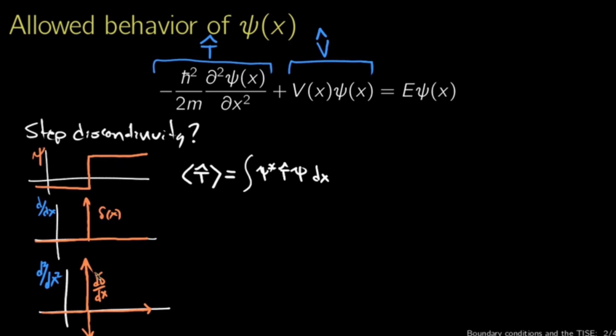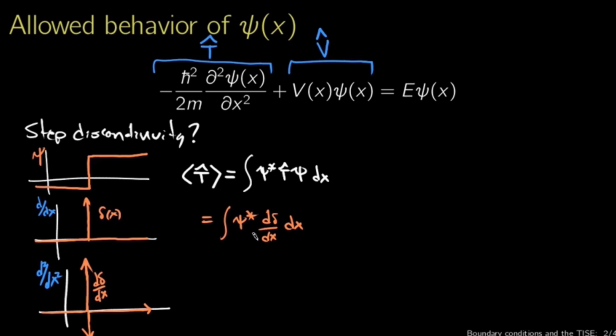Now, if we're looking at a discontinuity here, the second derivative of our wave function, which is what we get from the kinetic energy operator, is the derivative of a delta function. So we're going to end up with something that's the integral of psi star times the derivative of a delta function. I'm leaving off proportionality constants because I'm more or less just trying to argue whether or not this is feasible. So don't quote these as strict mathematical equalities.